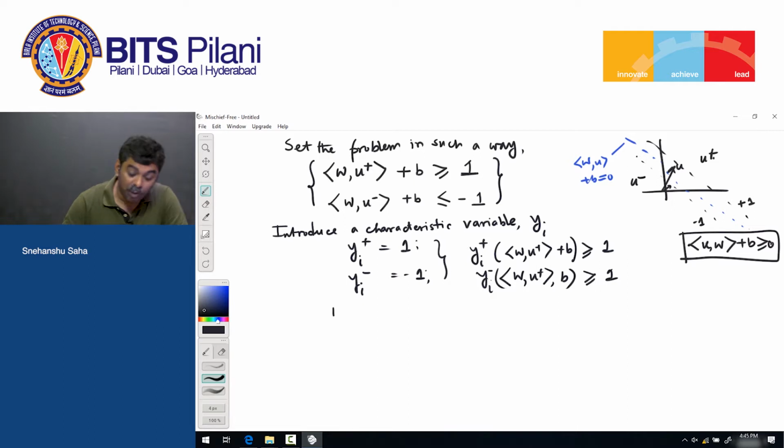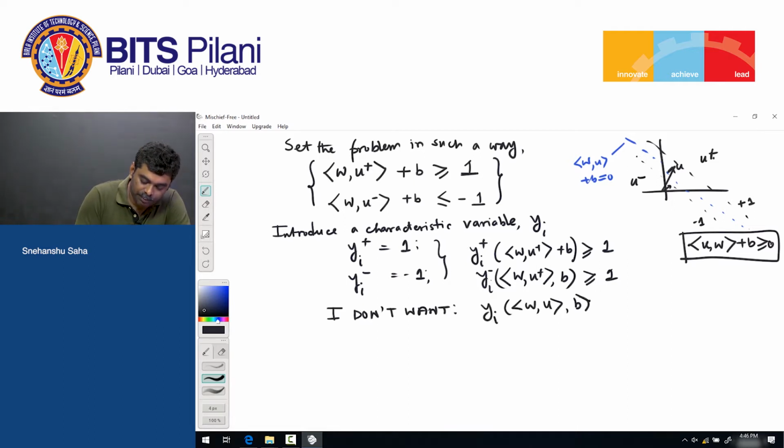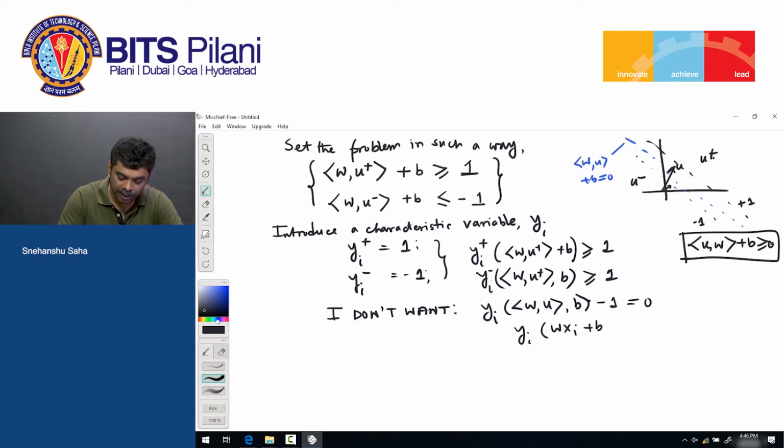And what I don't want is this. So in other words, if I just use some random training example values for u, I can rewrite this as yi (w·xi plus b) minus 1 equals 0.